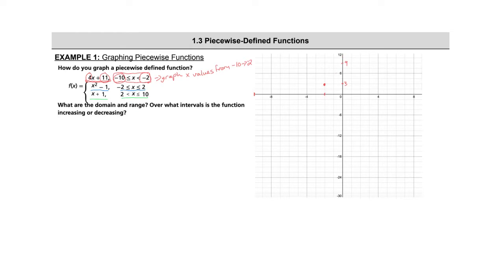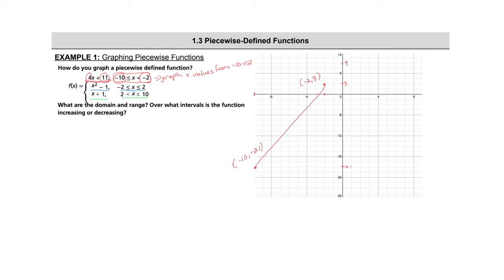Now we're going to continue this pattern all the way to -10, so down 4 to the left one, and when you get to -10, you're going to be at -21. So right here is -21. So I'll graph from -10 to -2. So -2, 3, -10, -21.